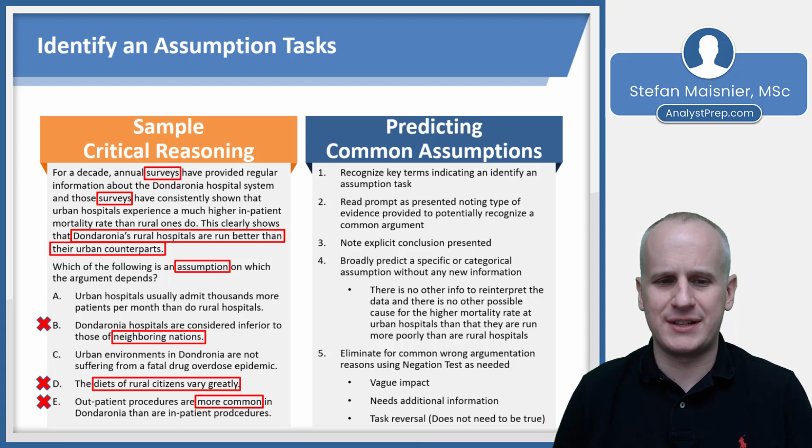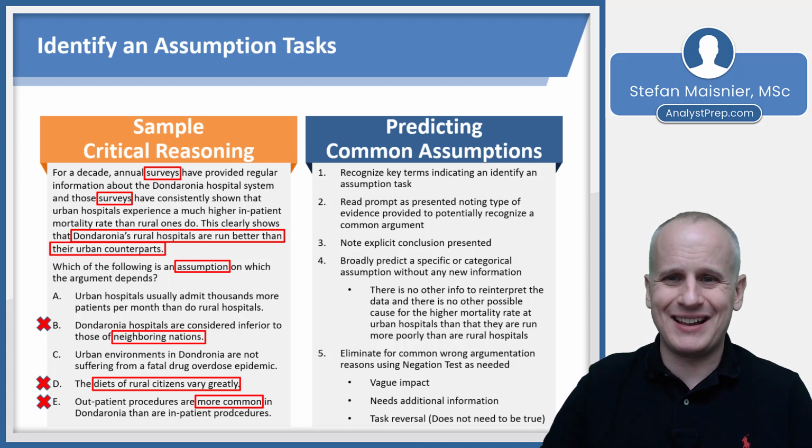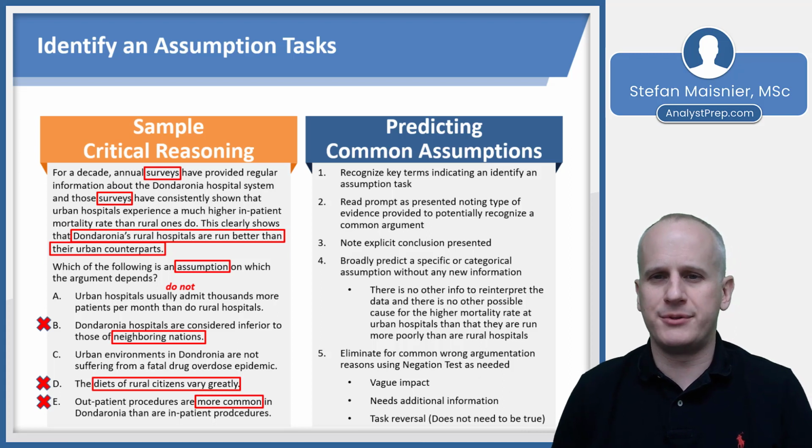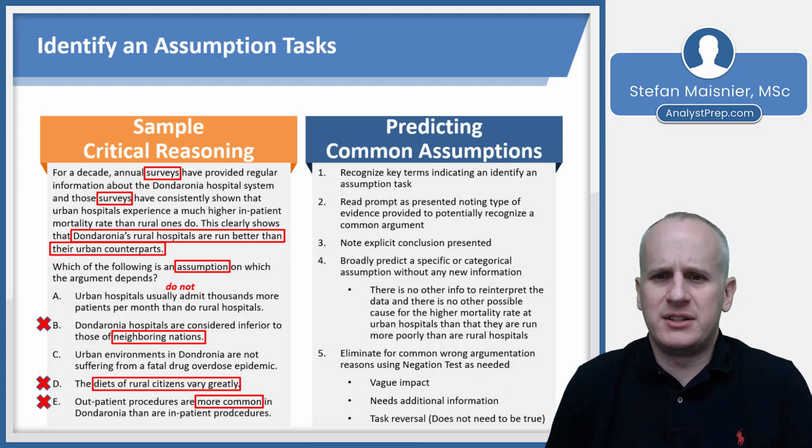So we'll start with choice A. We've got urban hospitals usually admit thousands more patients per month than do rural hospitals. So we're clearly comparing the urban to rural, which is relevant in the argument. So we'll apply the negation test by just inserting the words do not. So urban hospitals usually do not admit thousands more patients per month than do rural hospitals. And you go, okay, well, they don't.